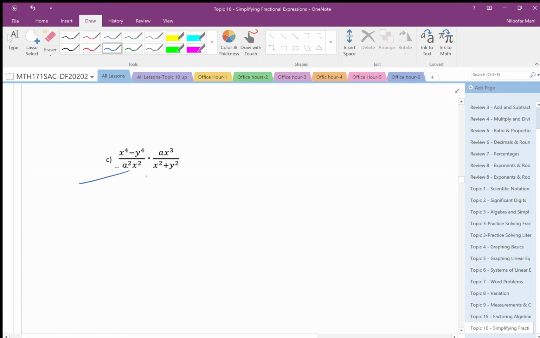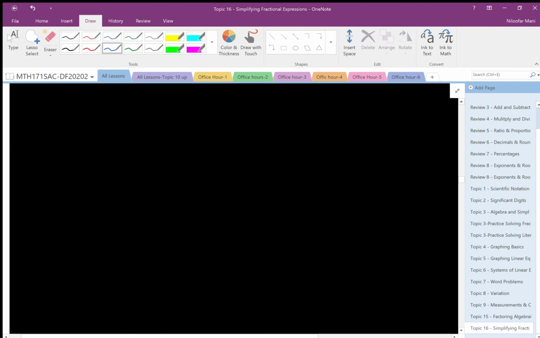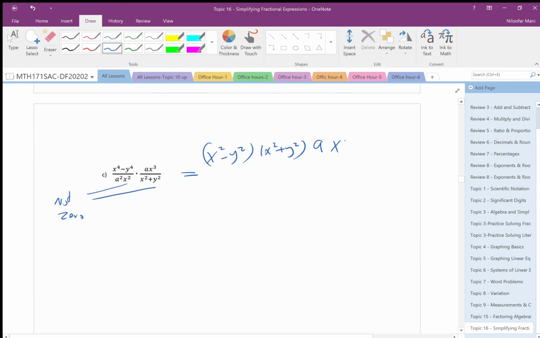How about this one here? This one and this one are not 0. Now I factor x squared minus y squared times x squared plus y squared. I know I can factor x squared minus y squared more, but I don't need to, because then I have to go back again. So ax cubed over a squared times x squared plus y squared.